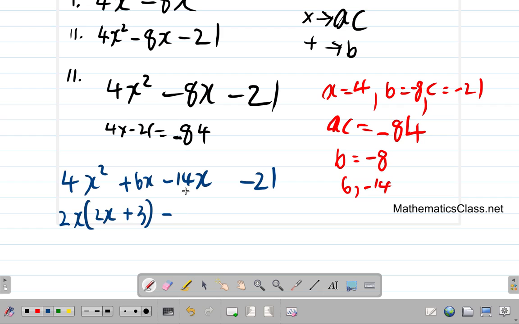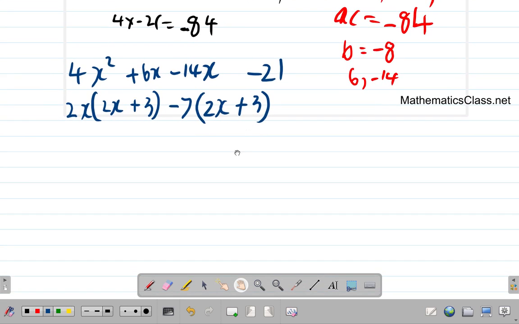We have negative 7 can go into 14. 7 into 14 goes 2. So negative 7 into negative 14x goes 2x. Good, we have the 2x so far. Negative 7 into negative 21 goes positive 3. We get the same thing in the brackets. 2x plus 3 in the brackets.